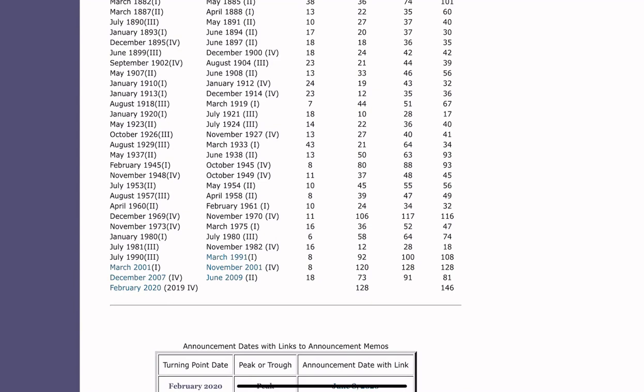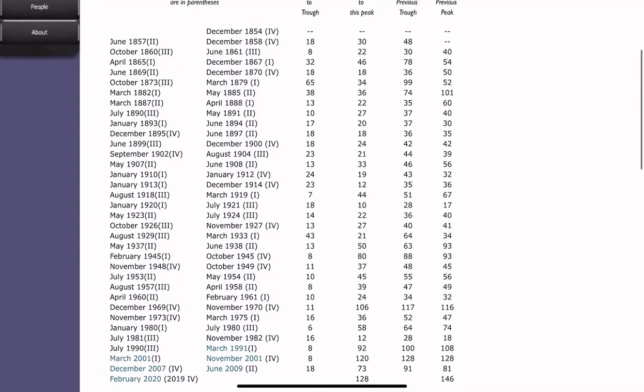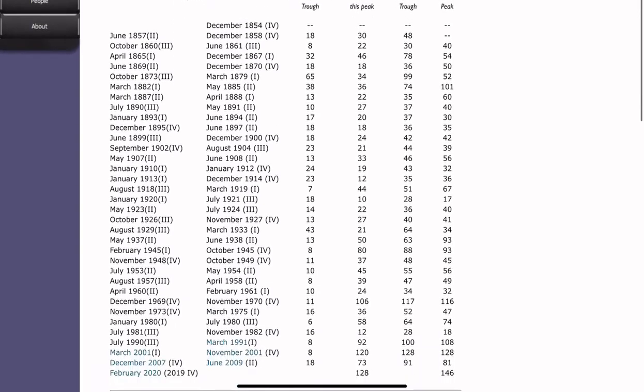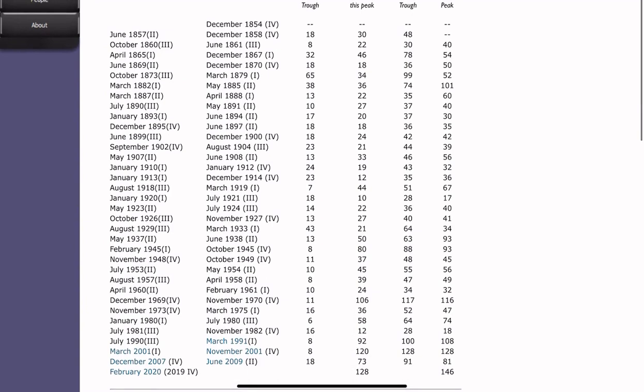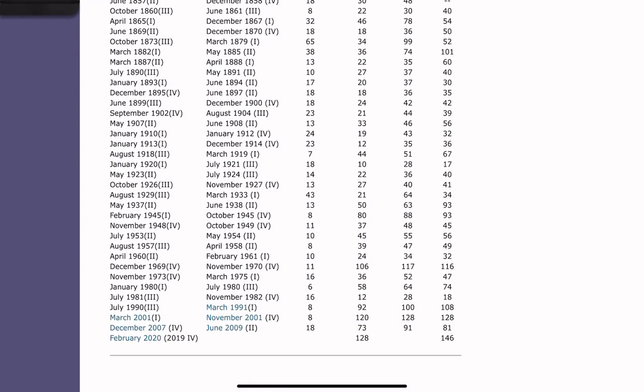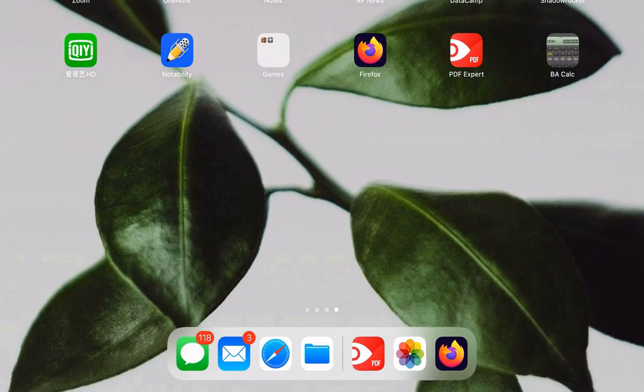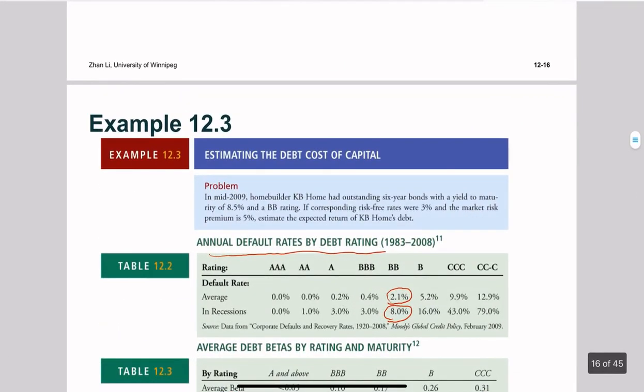We are still in this recession, which started in February 2020. But for the last recession, you can see that for the peak to trough, the peak was December 2007 and the trough was June 2009, right? So basically June 2009 was the last month for this last recession. Okay, that's just for some sort of common sense, right? Okay, good.